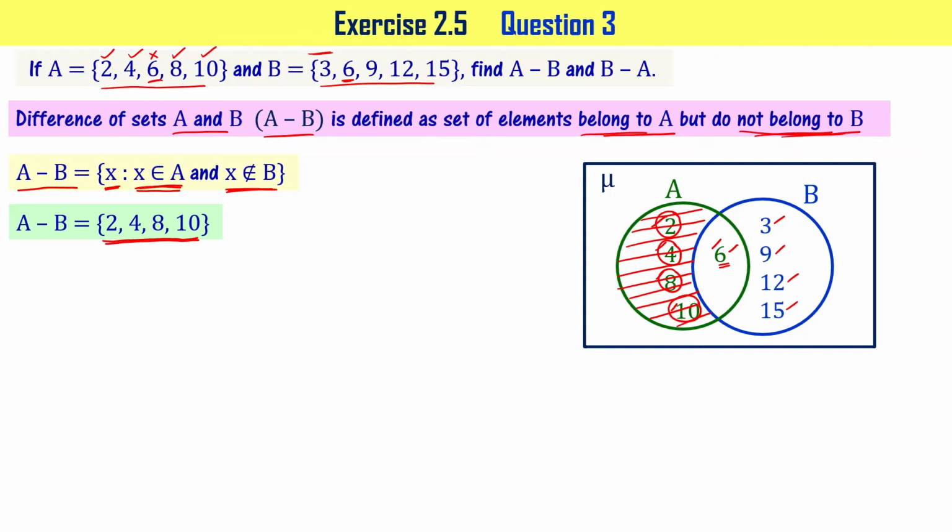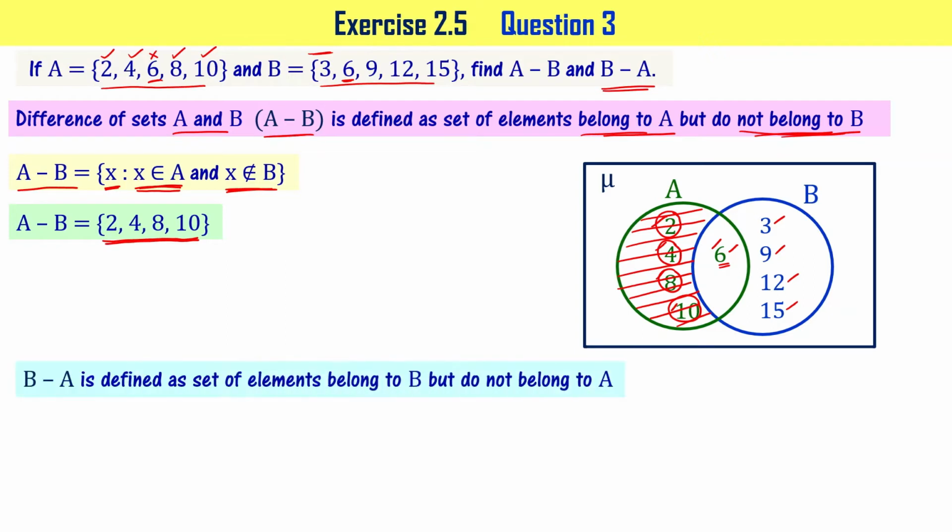Now let's find the set B minus A. B minus A is defined as the set of elements that belong to B but not to A. That is the idea.